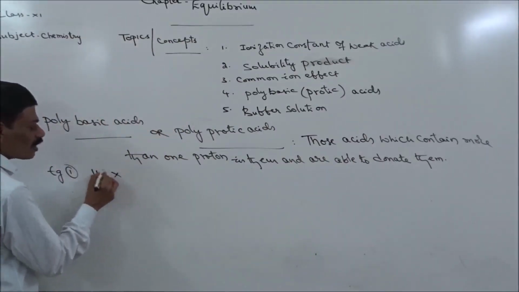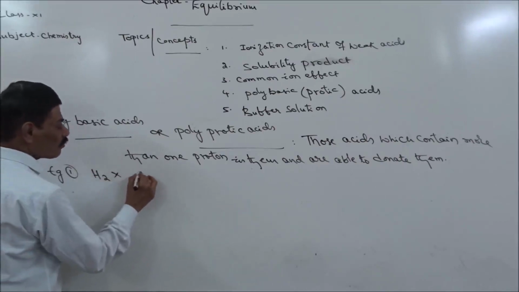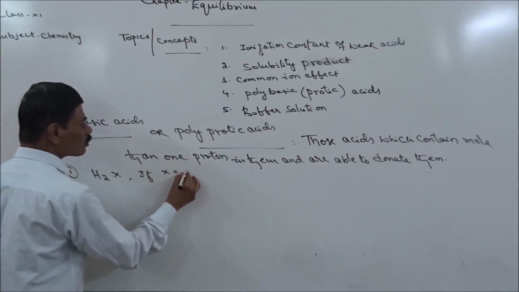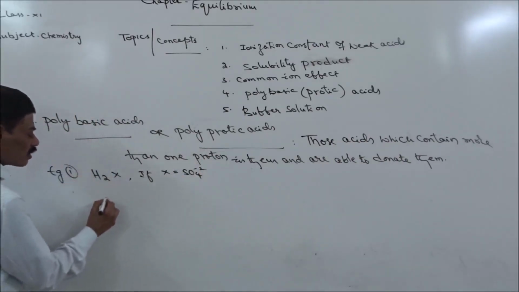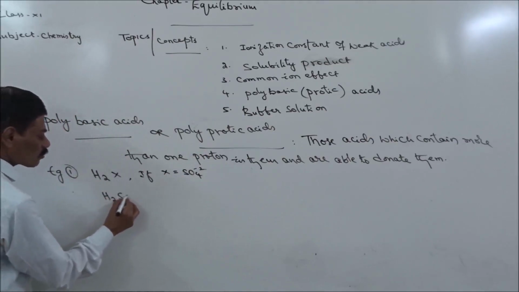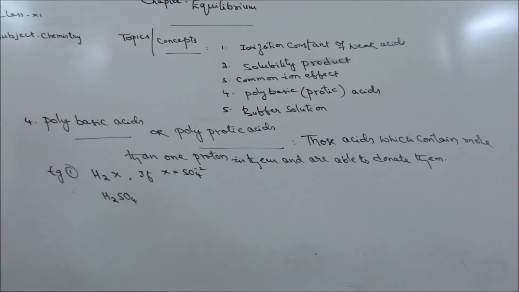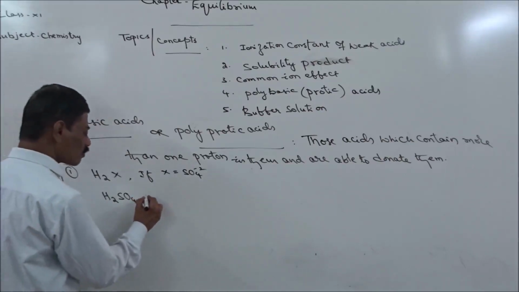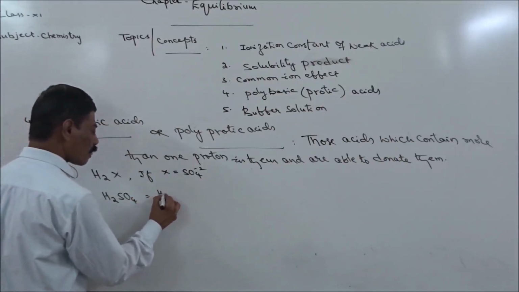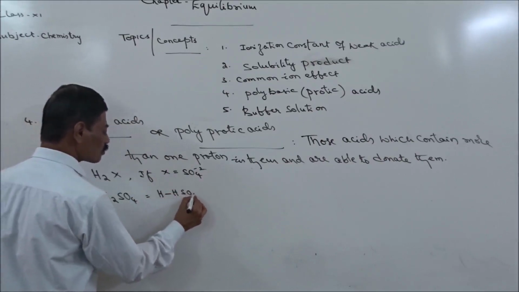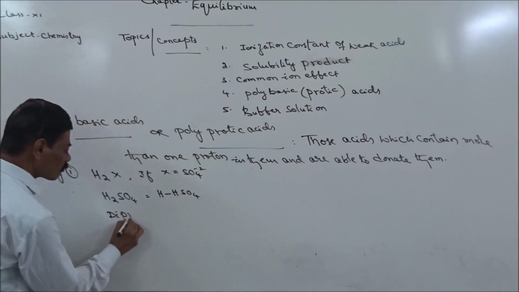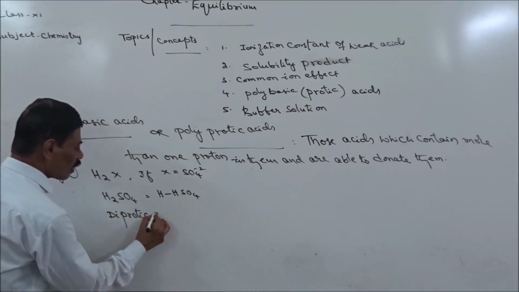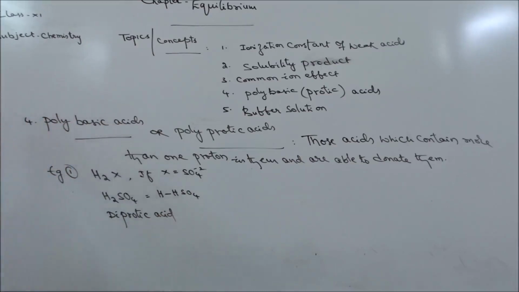If X is equal to sulfate anion, then this H2X will be like this, H2SO4. This is a diprotic acid. This is called diprotic acid because this is able to donate two protons.